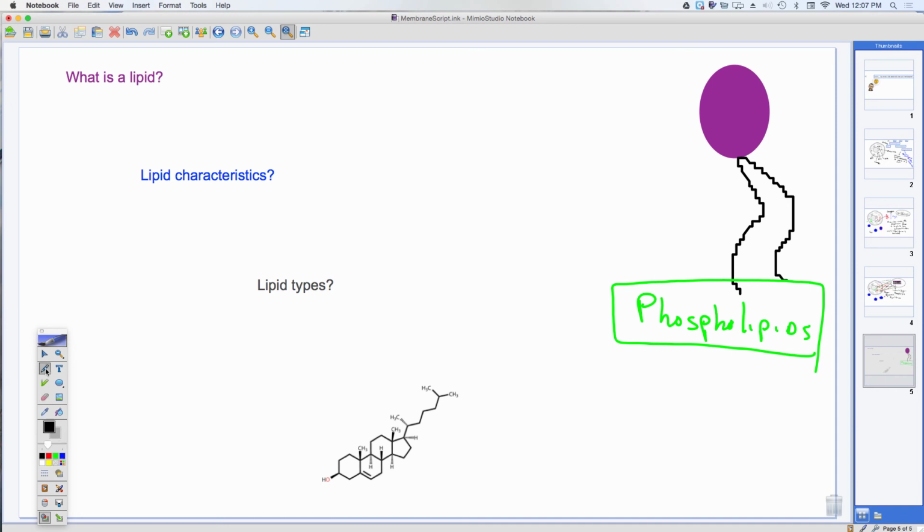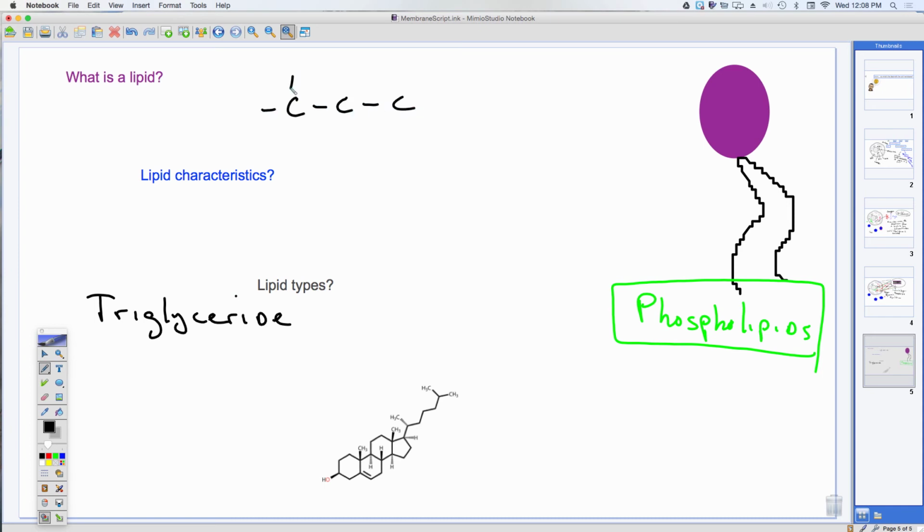And then there's a whole bunch of different types of lipids. One type of lipid is referred to as a triglyceride. You might have heard of that. This is the type of lipid that people get concerned about when they are getting fat or they're accumulating fat in their body.